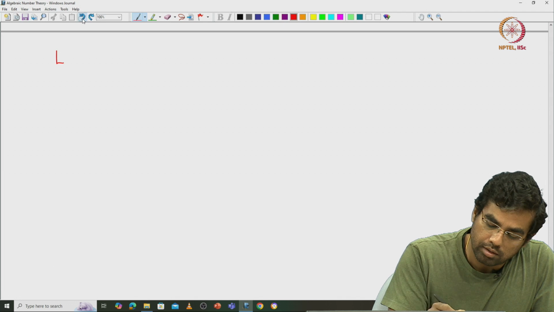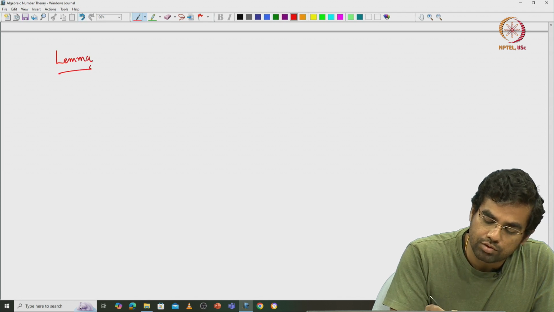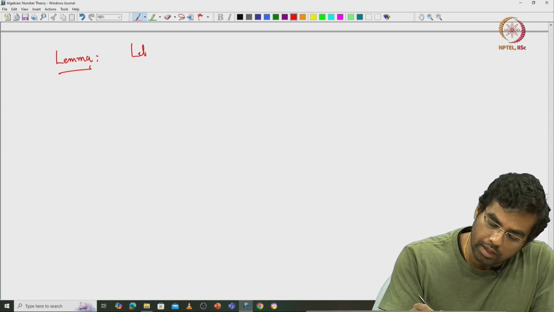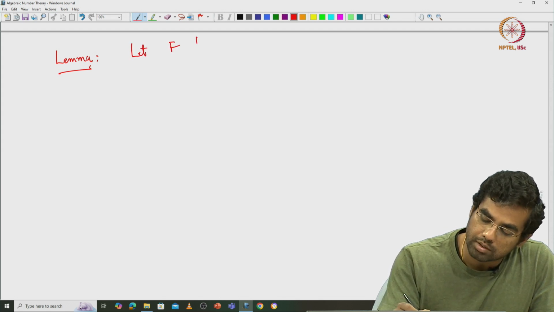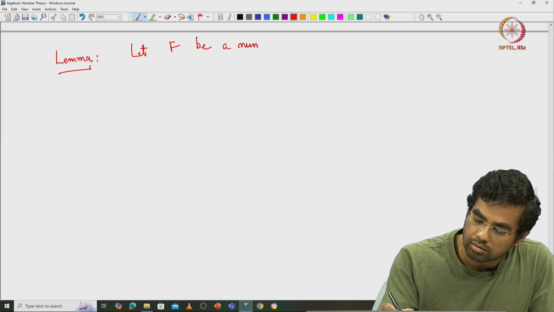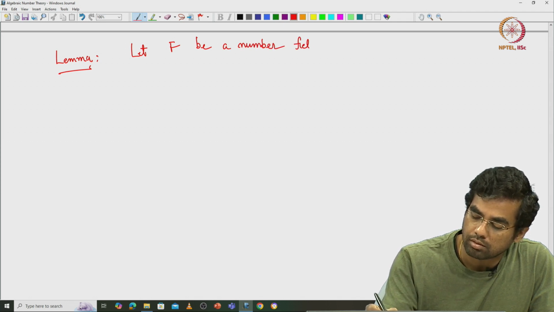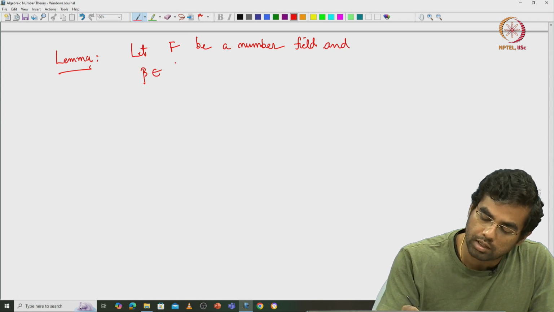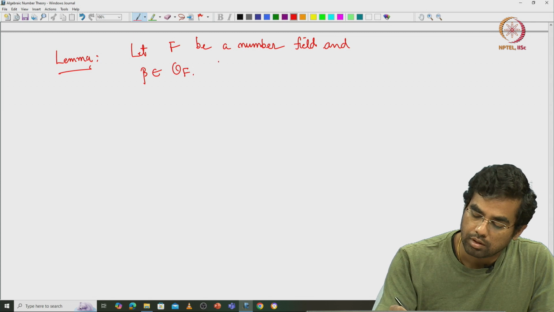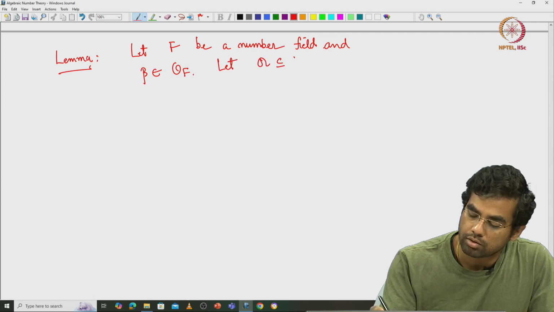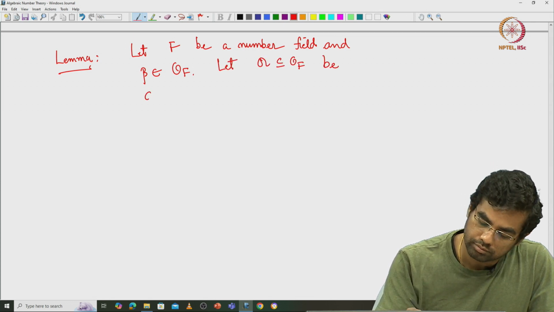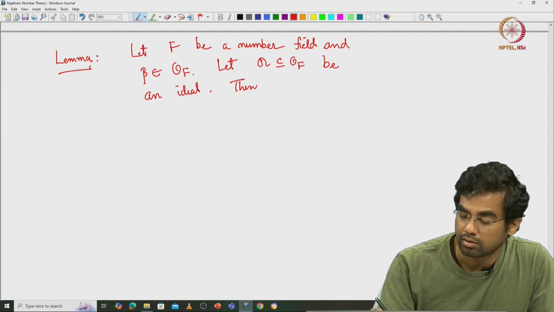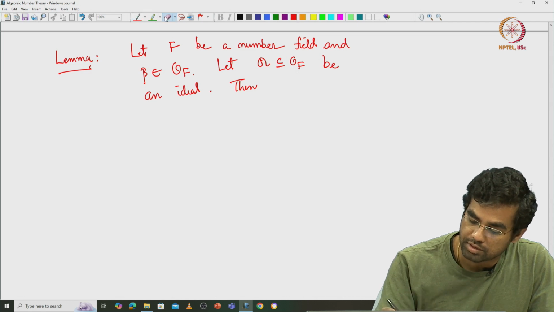So, here is a lemma. This is true in Dedekind domains, but not in general. So, let F be a number field and beta be an element in OF. Let A contained in OF be an ideal, then maybe let me state it.